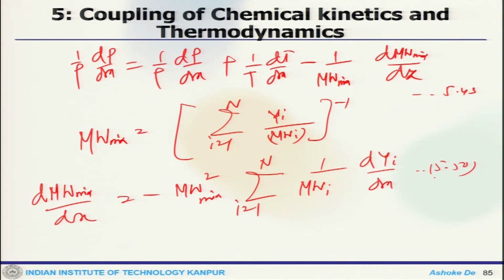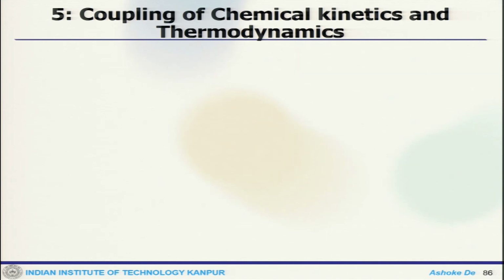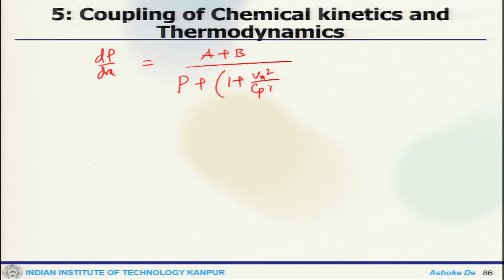The number of equations here can be reduced by eliminating some of the derivatives by substitution, and one can find d rho by dx equals A plus B, over 1 plus Vx square by CpT minus rho Vx square.